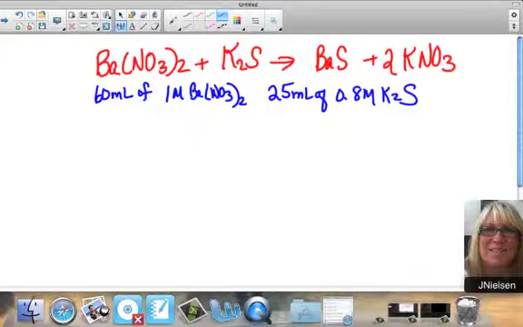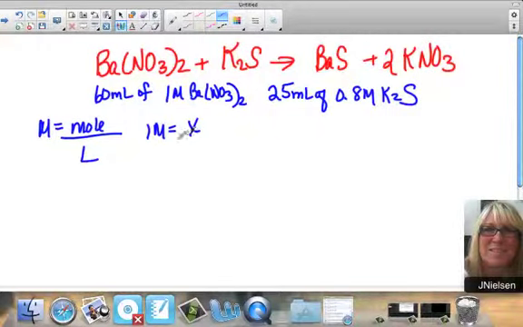So let's get this into moles. Now notice I've got molarity and milliliters. So using molarity, moles over liters, right? I can figure this out. If I have 1 molar equals X, milliliters to liters, I divide by 1,000 is 0.06 liters.